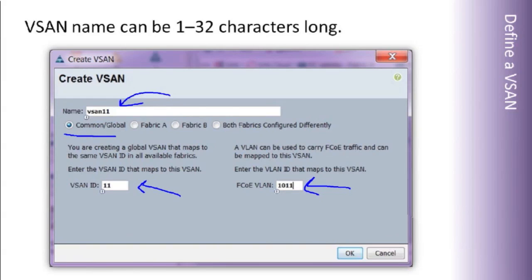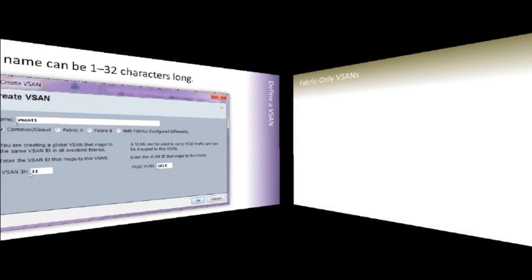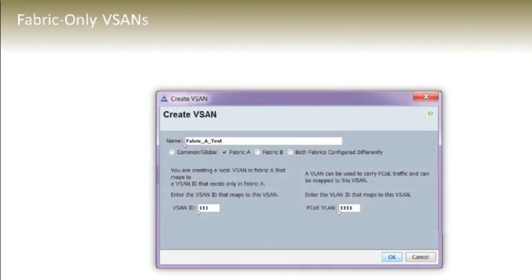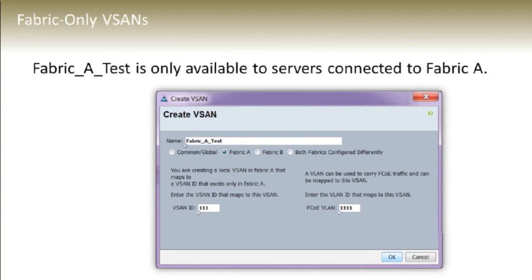Notice that we have the default, just like with our VLANs, of the common configuration of this virtual storage area network between the two fabric interconnects. Could we do a fabric-only virtual storage area network? Yes, we could. But again, we have issues here with failover.